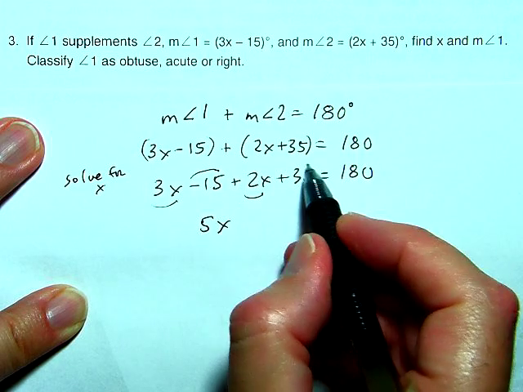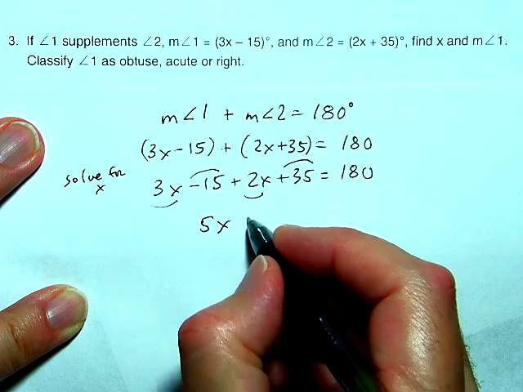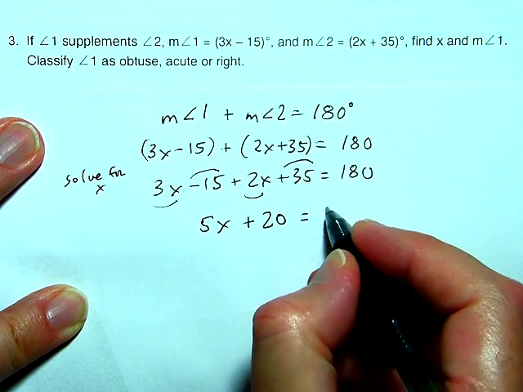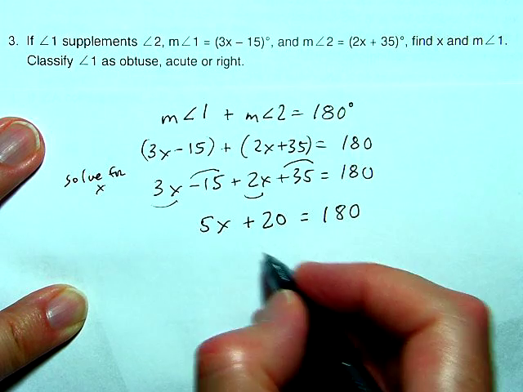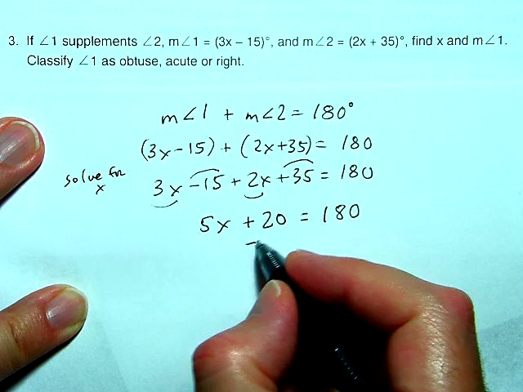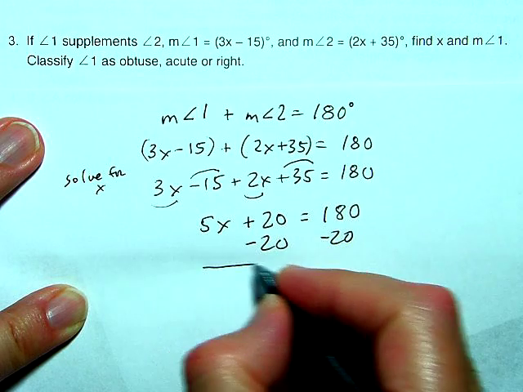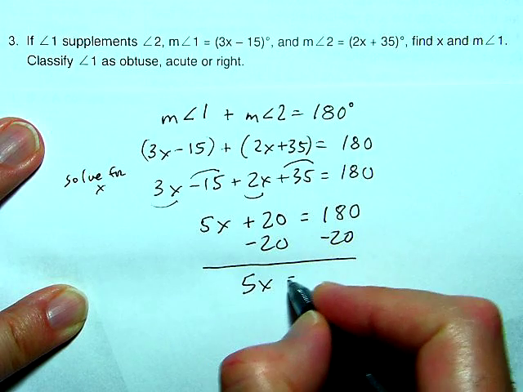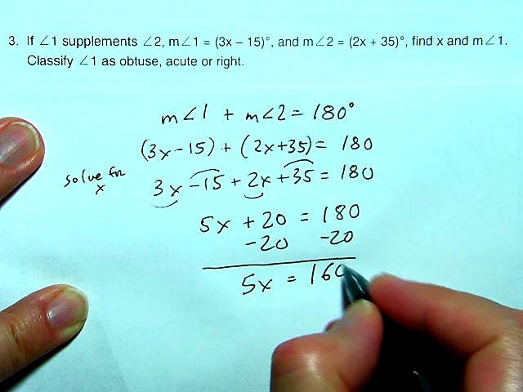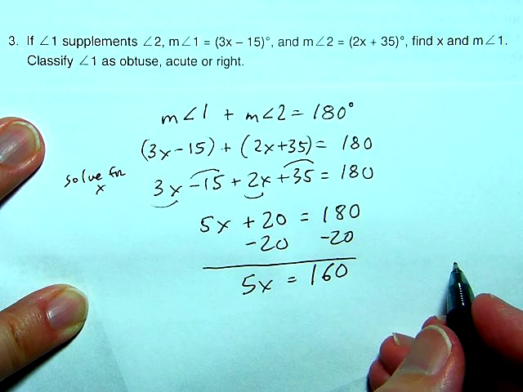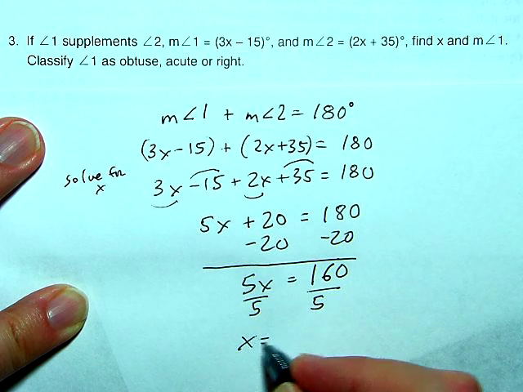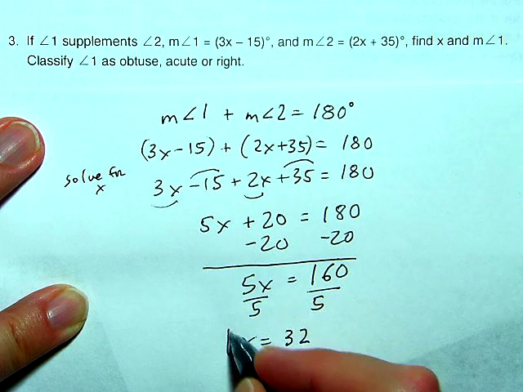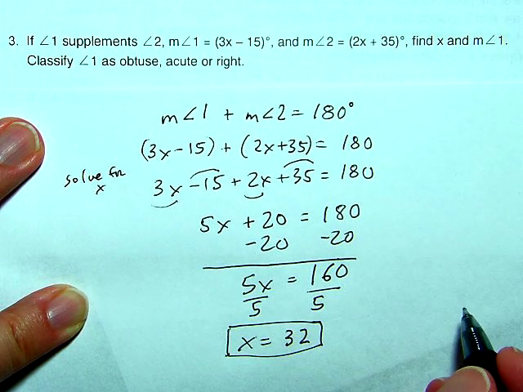Minus 15 and positive 35 gives us positive 20 equals 180. We're almost done. Subtract 20 from both sides. That gives us 5x equals 160. And in order to solve this equation, the last thing we need to do is divide both sides by 5. And that gives us x equals 32. So we've got one of our answers. x is equal to 32.